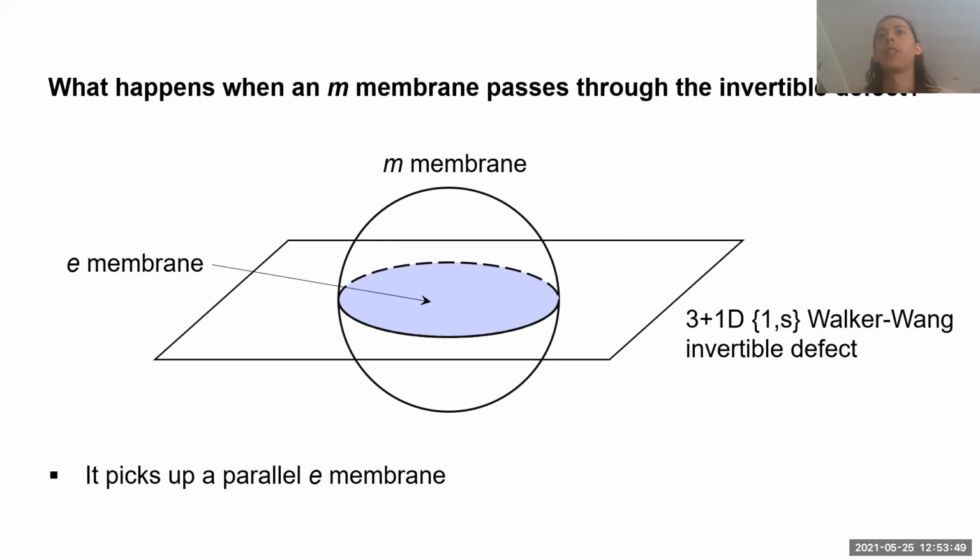But as we saw, it's actually not possible to add a loop object. Essentially, we can only add a loop that is attached to a membrane. And in the 4+1d system, this membrane, this blue membrane, is precisely an E membrane. So what this implies is that when an M membrane passes through this invertible defect, it must pick up an E membrane and therefore becomes a psi membrane.